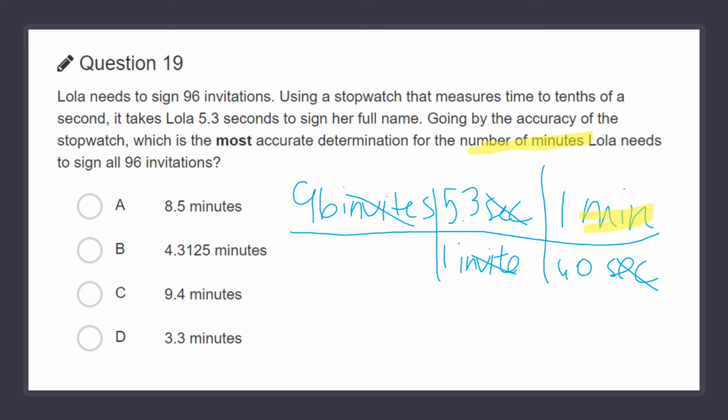So we're going to do 96 times 5.3 up top, and then in the bottom, we have a 1 and a 60, but you don't really need to do 1 times 60, you could just do 60, which gives you 8.48 minutes. But we're looking for the answer to the nearest tenth, so that would be 8.5 minutes.